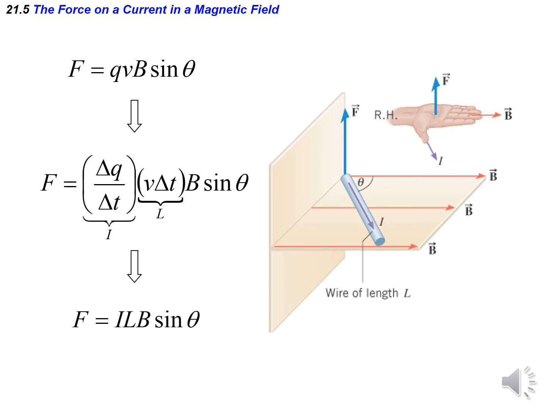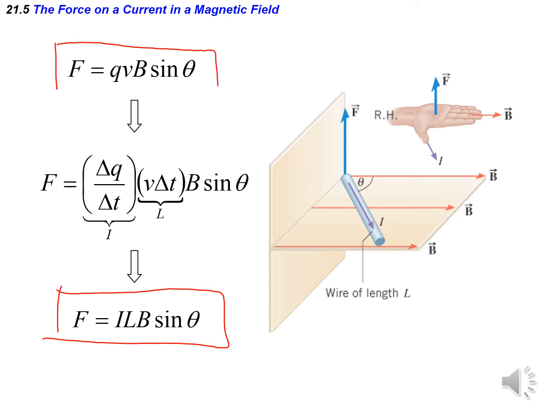So we have another formula to get the magnetic force, which is derived from our formula a while ago, which is QvB sine theta. We just multiply this equation by delta t over delta t.